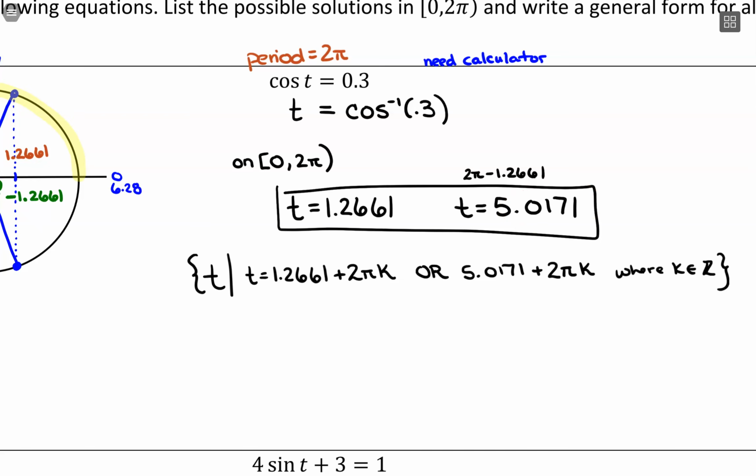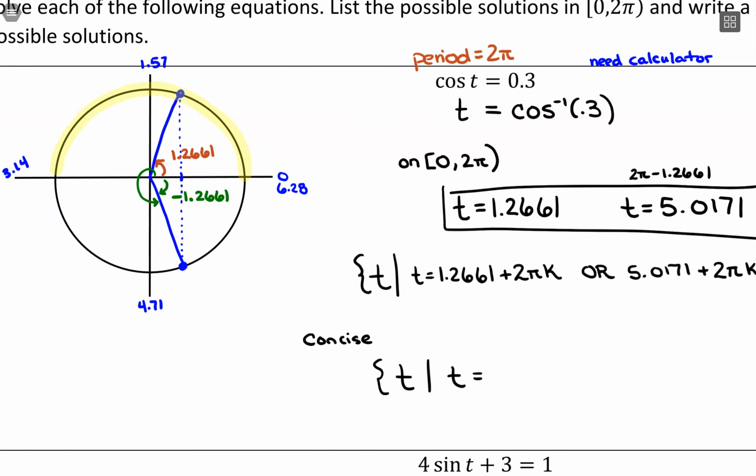A more concise way to write it, so a shorter way, is we could say t equals, instead of using the 5.0171, we could have used this coterminal angle of negative 1.2661. So really it's that we have the positive form and negative form of that same angle.